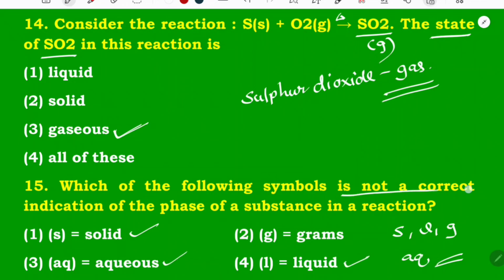Here they ask which is not correct, so the second one is the answer. G means gas here, not grams. We never mix them up. Gas is correct, so the second one is not correct.